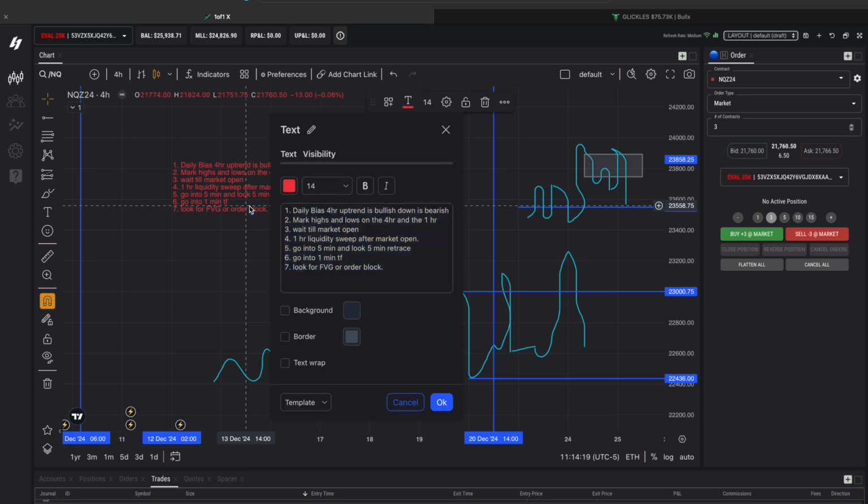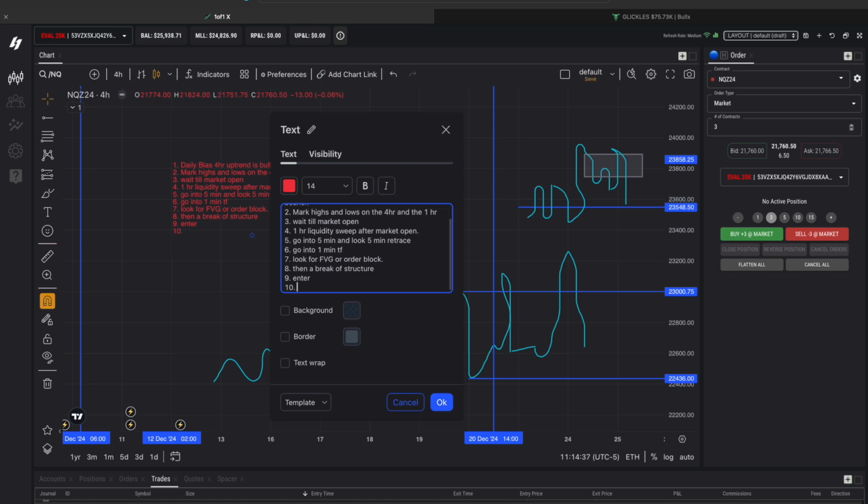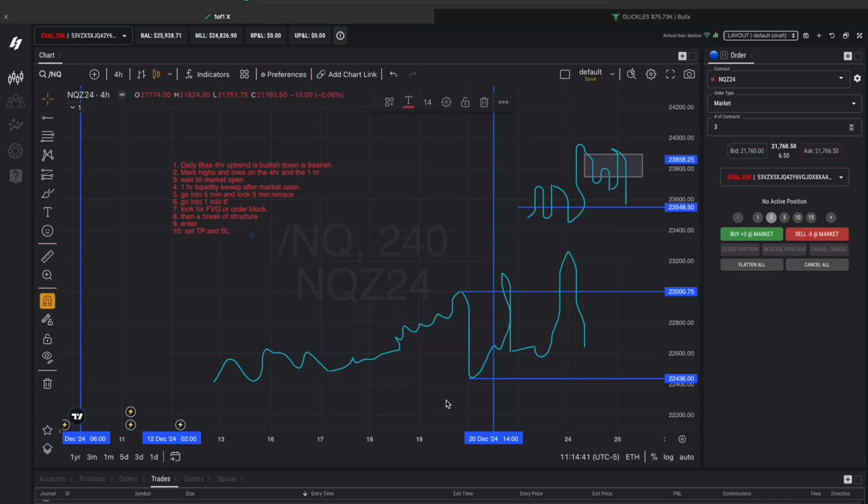So looking for a fair value gap or an order block, then a break of structure, and then number 9, enter. Simple as that. And then number 10, set TP and stop loss.